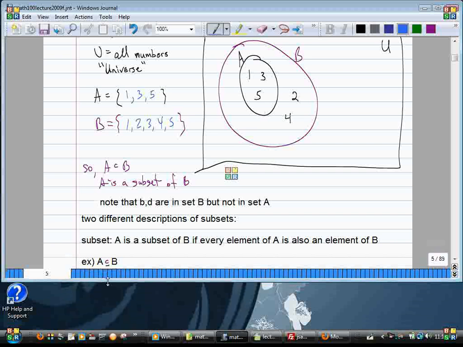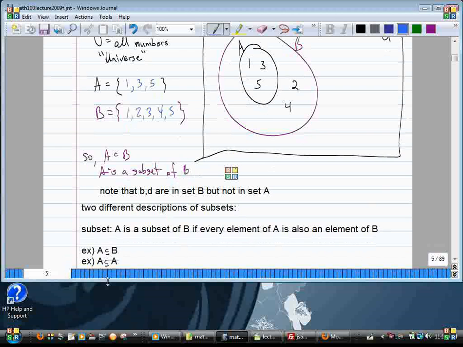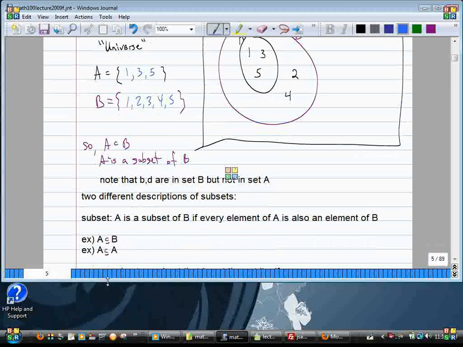Is set A a subset of set A? Is it true that every element in A is also an element in A? Yeah. So it's a subset, but they're not equal, exactly. So we need to come up with a way of how do we write that down in notation.